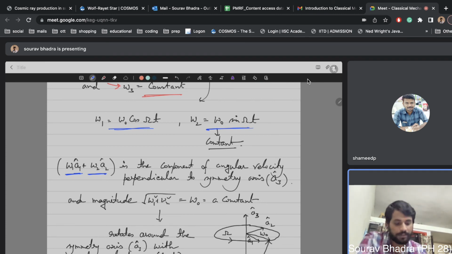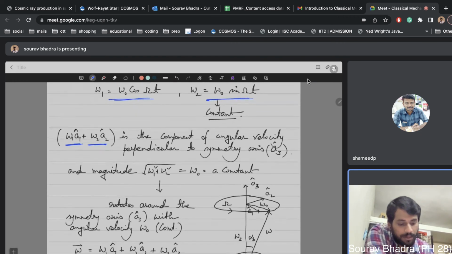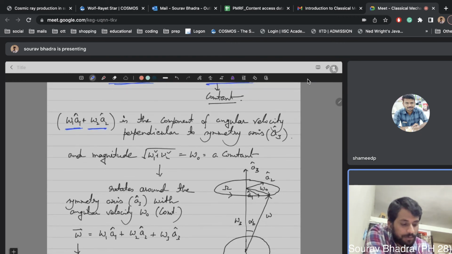Okay, this is important. Now suppose your body is like this and it is your a3. So this direction is your a3 cap. Then your a1 and a2 will be perpendicular to that a3, right?